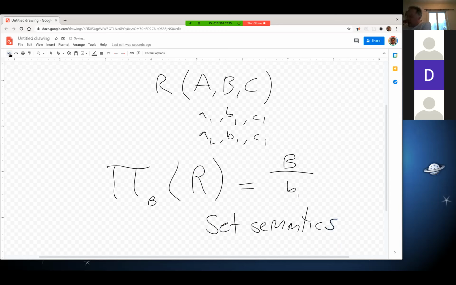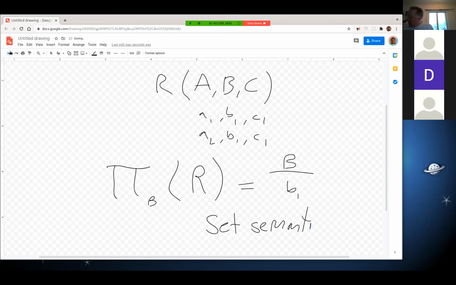So the answer here is just one B1, not repeated. Under set semantics we only get back B1, just one tuple, because we don't allow for any repeats. We're going to stick with set semantics for now, but we'll have quite a bit more to say about bag semantics later.